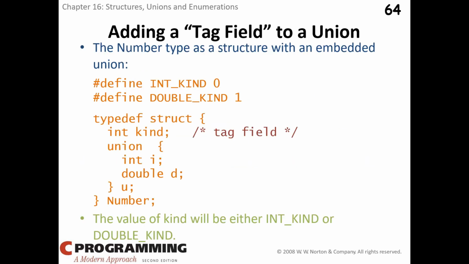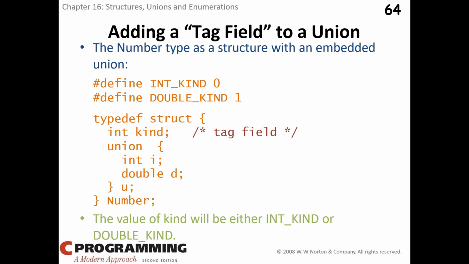Incorporating a tag field into a union can greatly enhance its usability and clarity. Here we have an example showcasing the integration of a tag field within a structure that houses a union. Now consider the number type, which is defined as a structure encompassing an embedded union, and within the structure we introduce a tag field named kind.